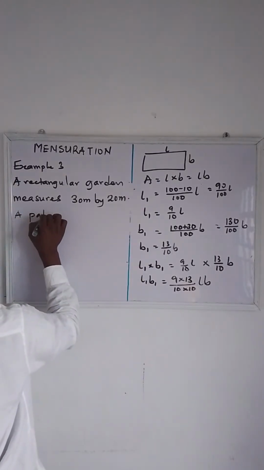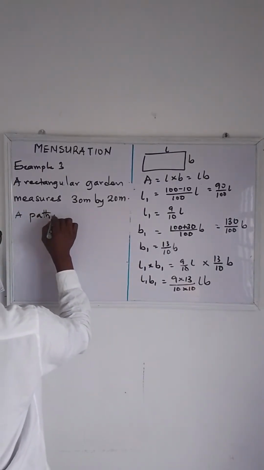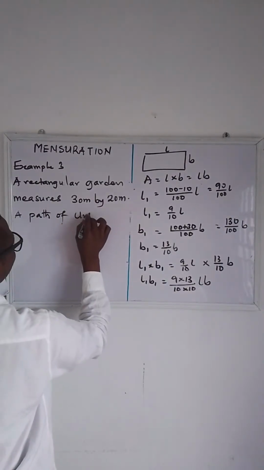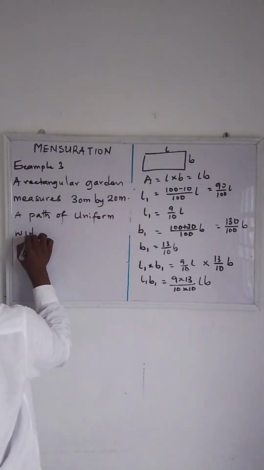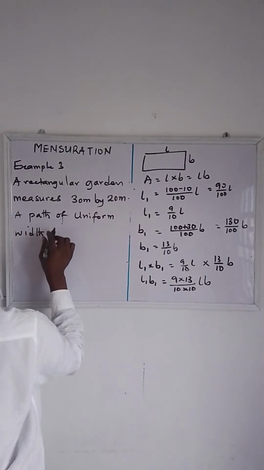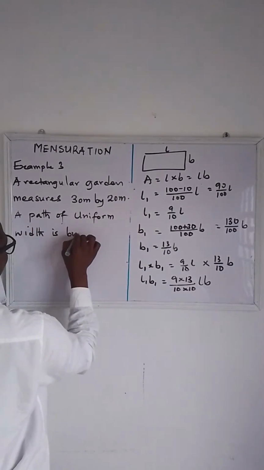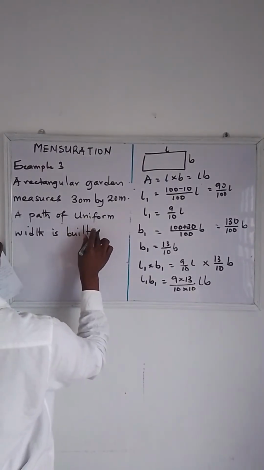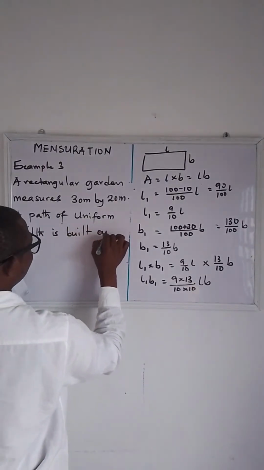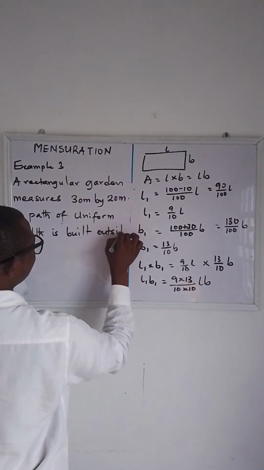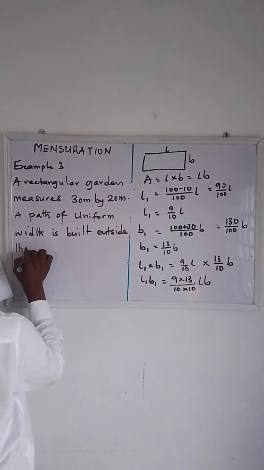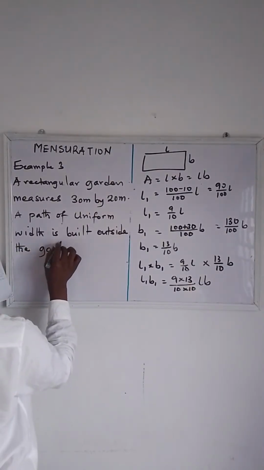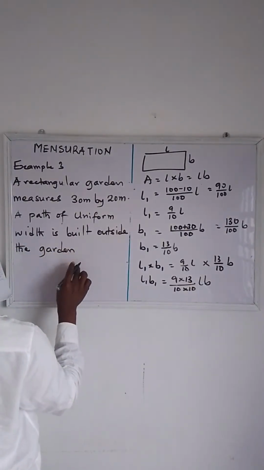A path of uniform width is built outside. It's built outside the garden.